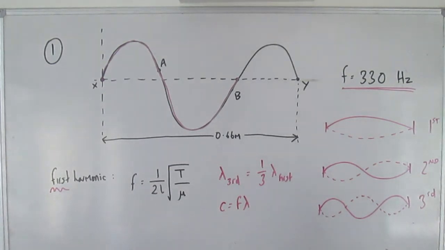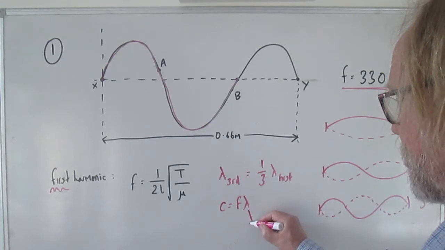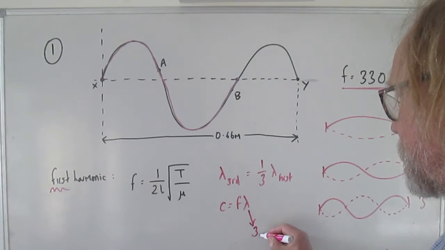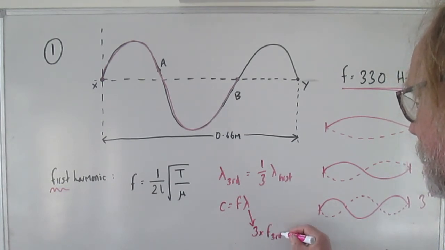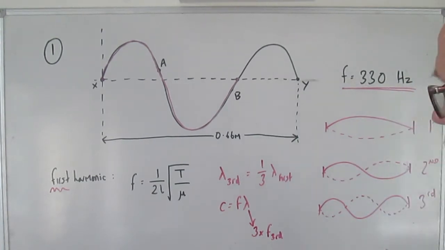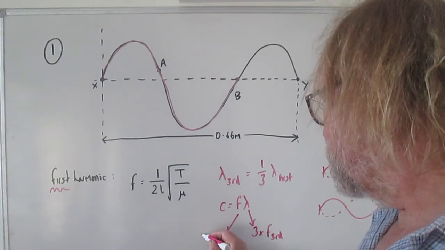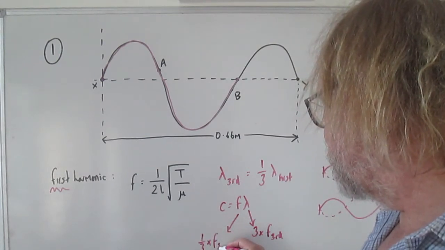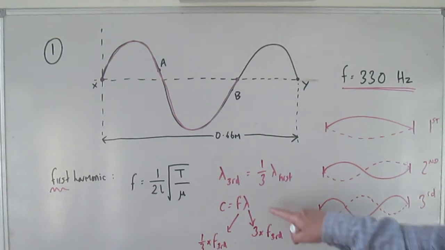So what that means is that because lambda for the first harmonic is 3 times lambda for the third harmonic, f for the first harmonic must be 1/3 of the frequency of the third harmonic, which is 330 Hertz, because when you multiply them together they've got to give the same number.